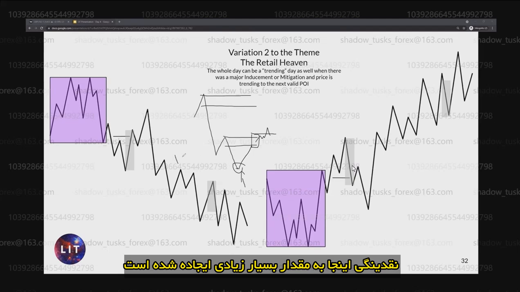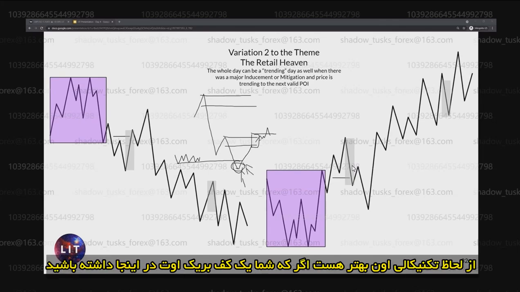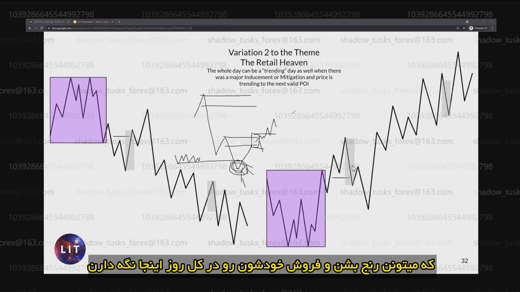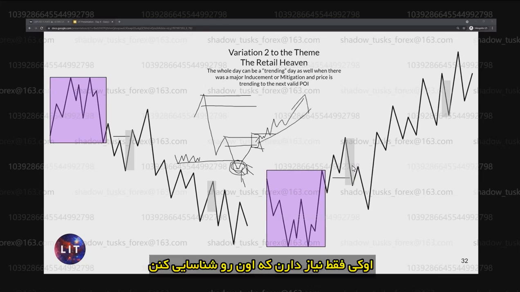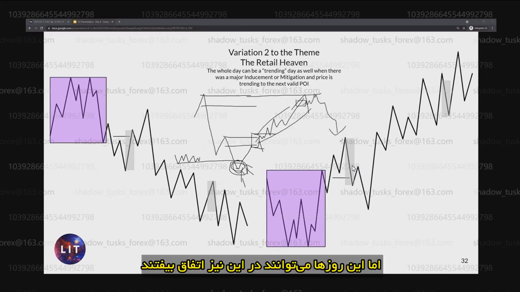Let's say liquidity was highly built up here, and this by itself was a major inducement. Technically, it's nicer if you get a breakout low and then go higher, of course, but sometimes they grab so much liquidity in this major inducement that they can just range the whole day still here. You just need to identify that the next area would be here, Asia range, London, perfect, and then reversal. But these days can happen in between as well.